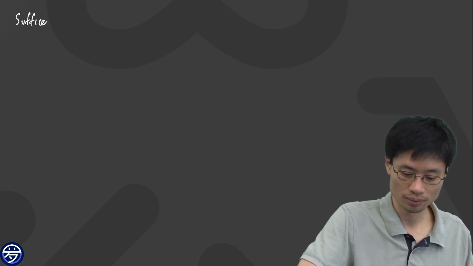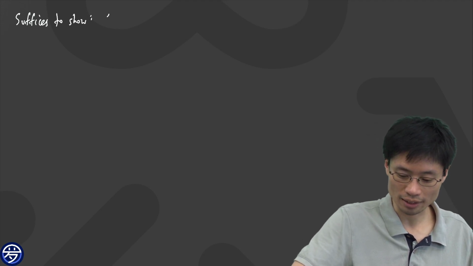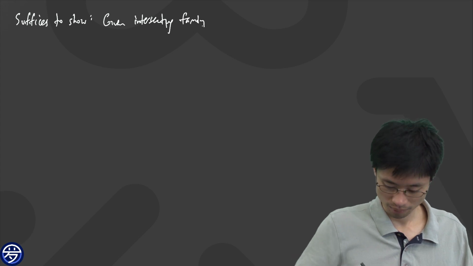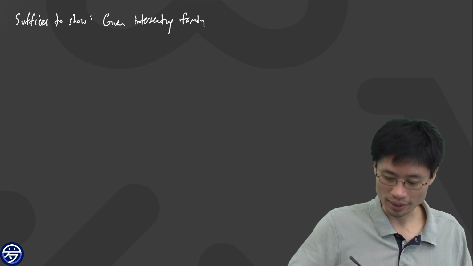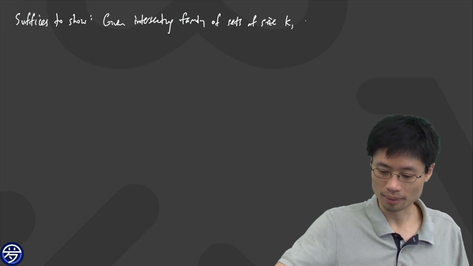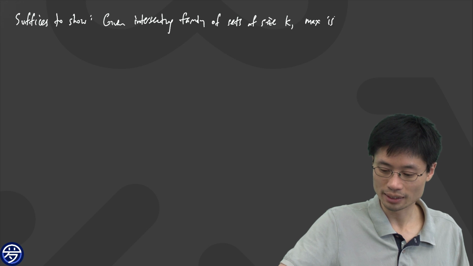So for our part, it just suffices to show that if you're given an intersecting family of sets of size k, the maximum is k over n fraction of all n choose k.